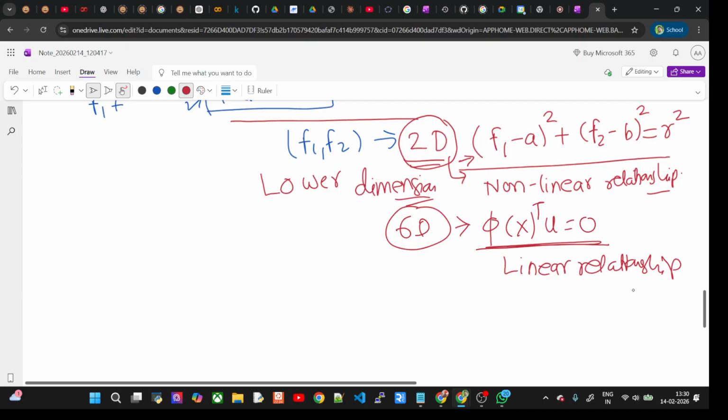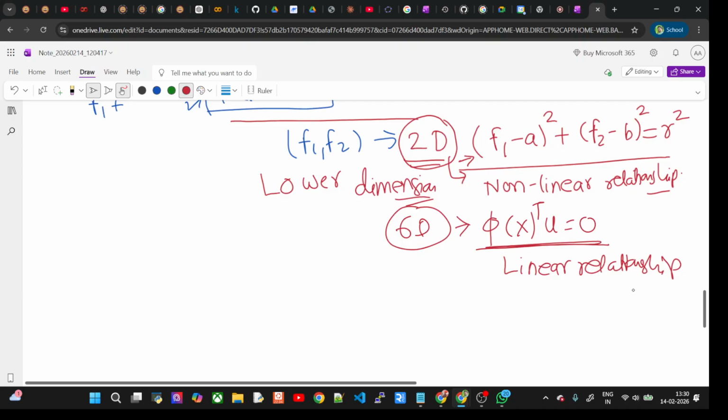So the relation of f1 and f2, which is non-linear in his country in 2 dimensions, once he goes to a higher dimension, becomes linear. Maybe it's difficult to imagine, but whatever lower dimension things show a non-linear relationship, if you bring them to a higher dimension, they will show you a linear relationship.